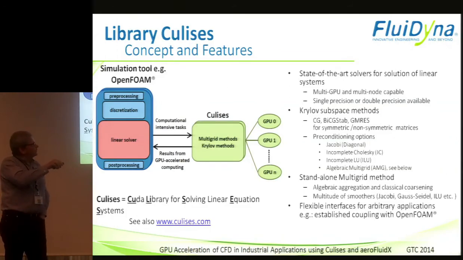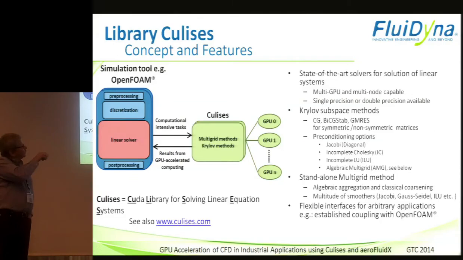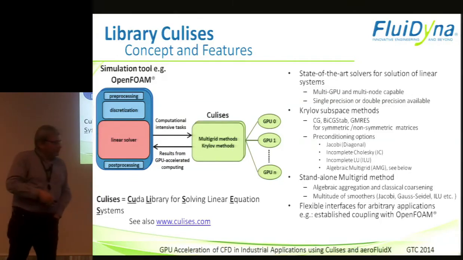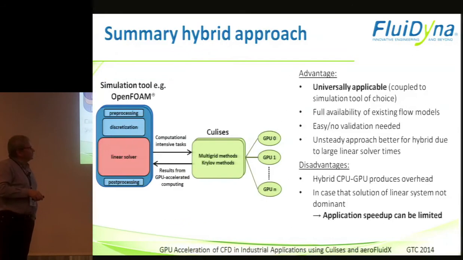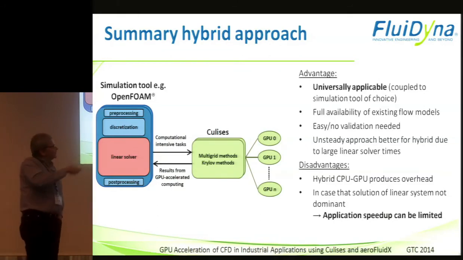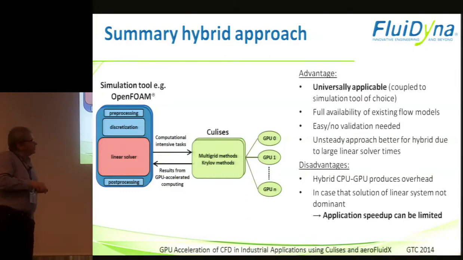It provides a lot of Krylov subspace methods and preconditioning options, standalone multigrid methods, and so the linear solver will be implemented by the Culises library, which is using the GPUs. And so there are a lot of advantages for this approach. It's fully available on existing flow models, but it has also some disadvantages.